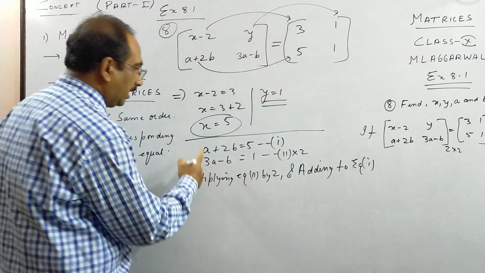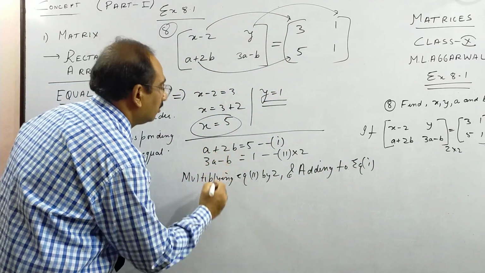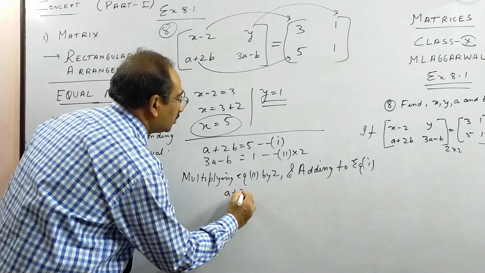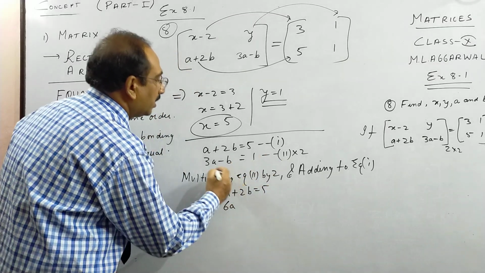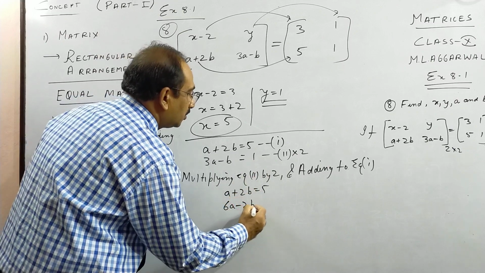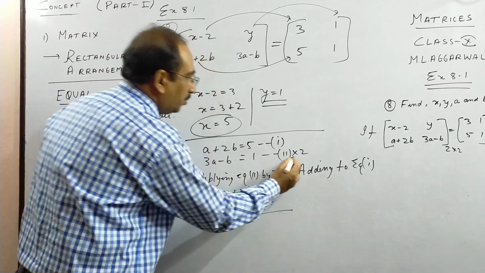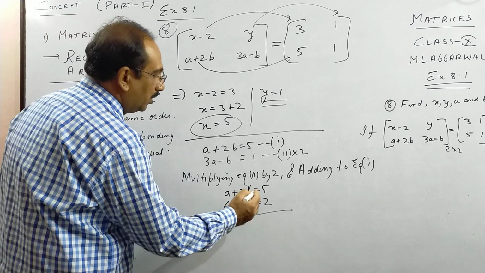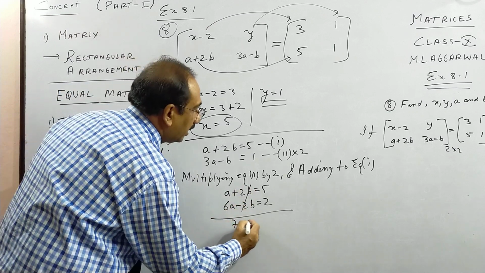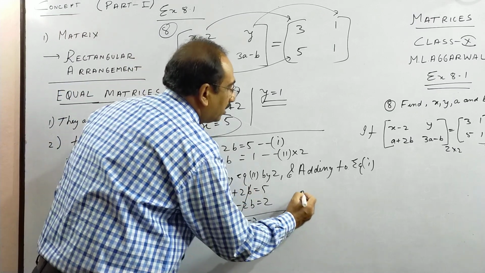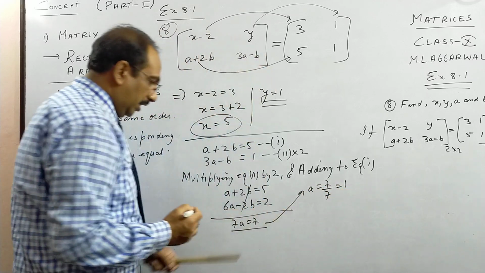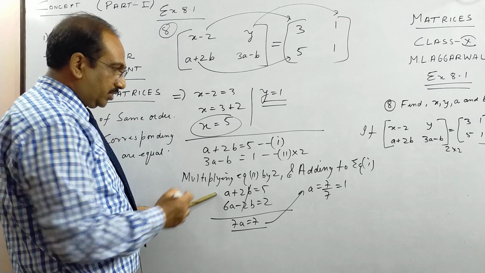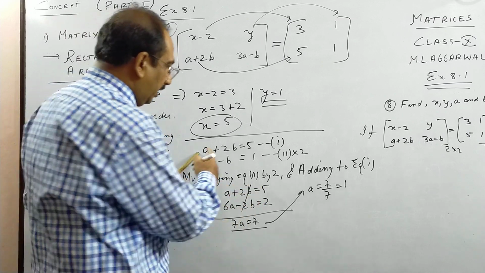So see what we get, children. First equation I write a plus 2b is equal to 5. Multiply by 2, this becomes 6a minus 2b is equal to 2. Each element I multiply by 2. This cancels, I get 7a is equal to 7. So a is 7 by 7, 1. Then you substitute in the very first equation to get b.